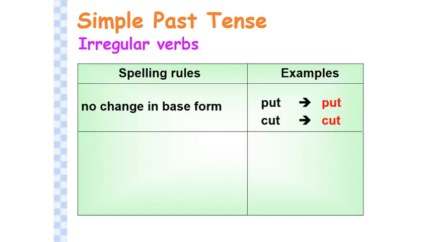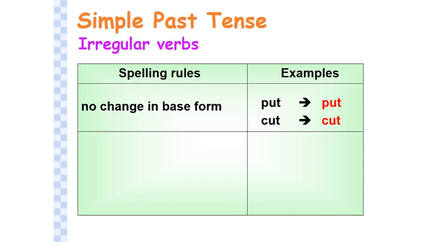Now students, when I say simple past tense, we should remember that there are irregular verbs and regular verbs. I have already described to you the regular verbs and the rules of spelling while writing the second forms of those verbs. Now if I talk about irregular verbs, there are certain spelling rules that we need to follow to make the second forms.